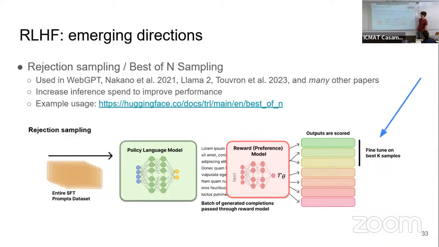This is generating, then resampling from the reward model, and then fine-tuning on that. This is what is called rejection sampling in the LLM context. It's a very simple approach, but it also works in practice, and you don't need to do PPO.